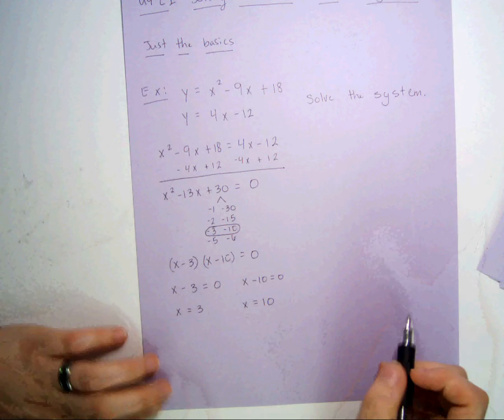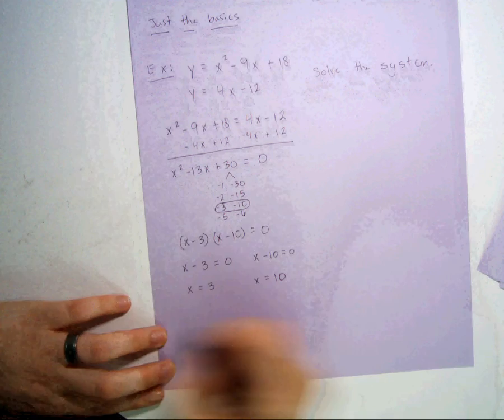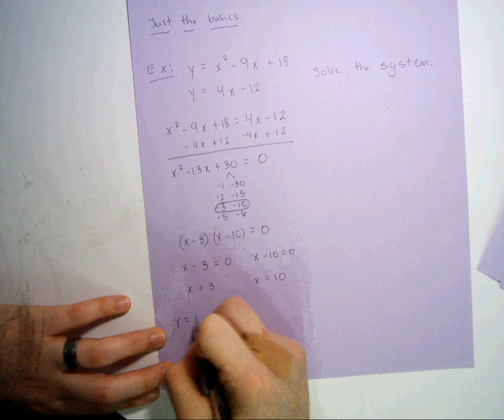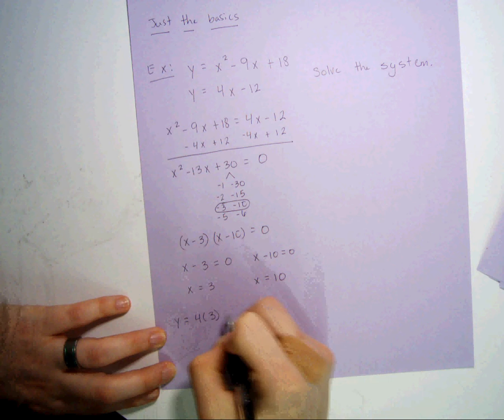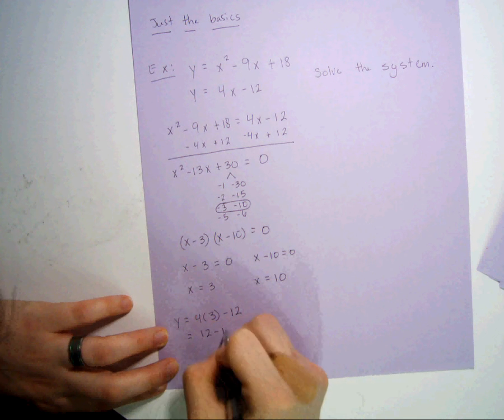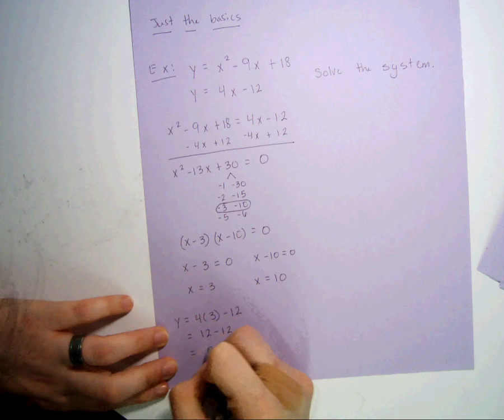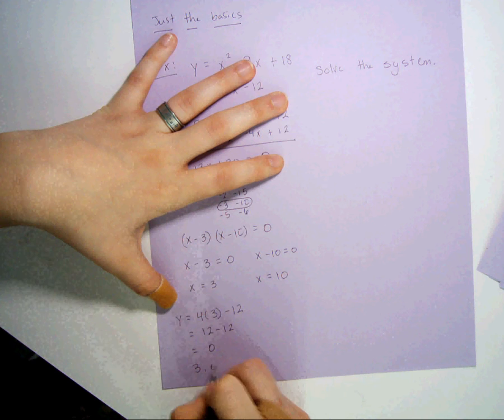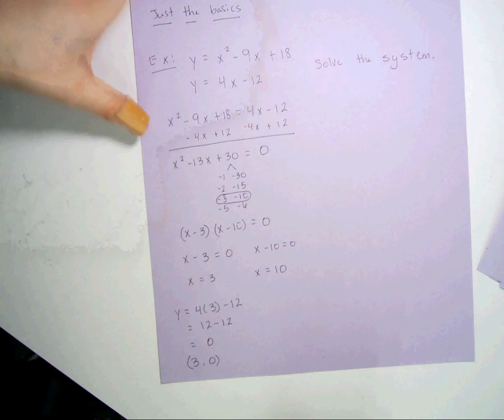When I plug in 3, I get y equals 4 times 3 minus 12, which gives me 12 minus 12, which gives me 0. So I have a solution of 3, 0. Then I'll also plug in 10.